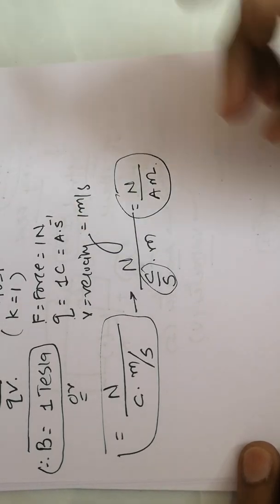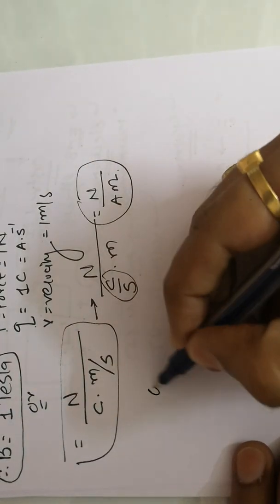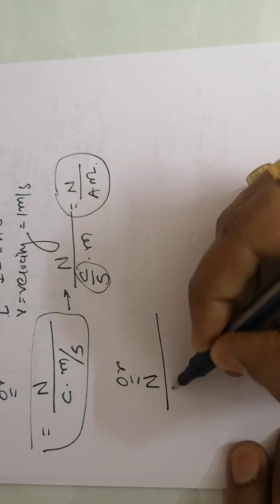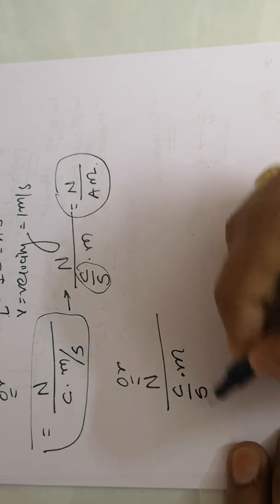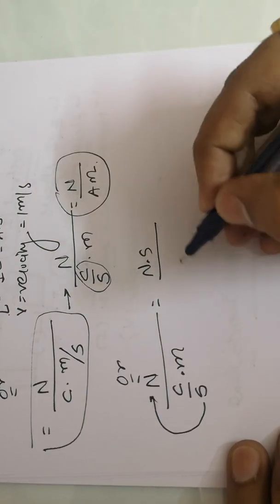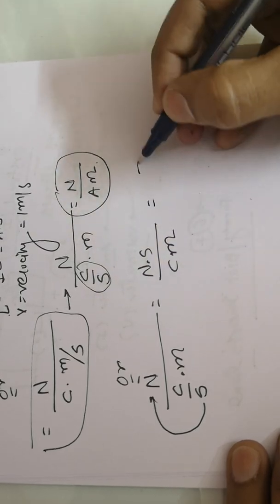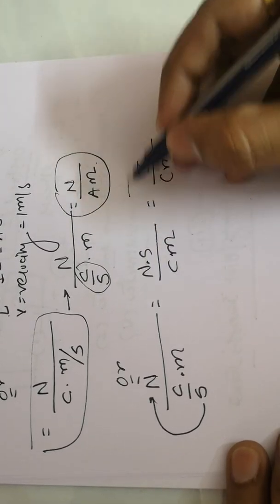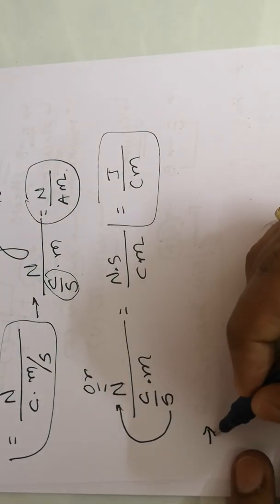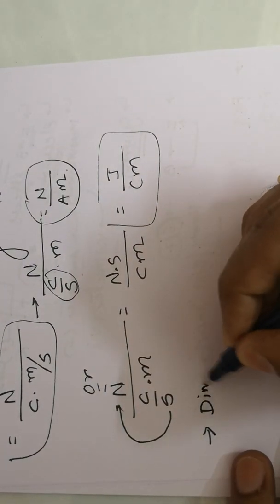This is the second one. The third one is, instead of this, you can place coulomb per second and meter. Then I can have Newton into second, over coulomb into meter. It would be joule per coulomb meter. So such units are there, but I am only interested in finding the dimensional configuration.